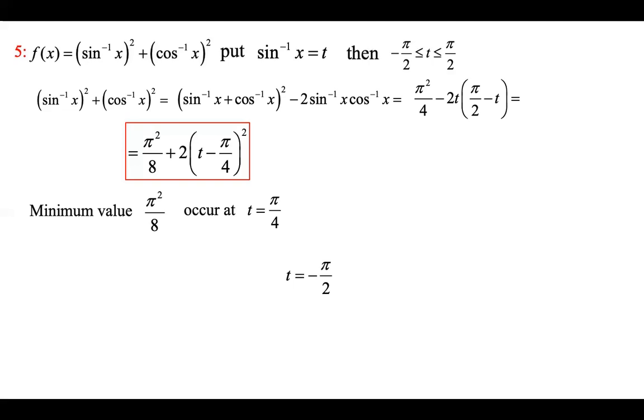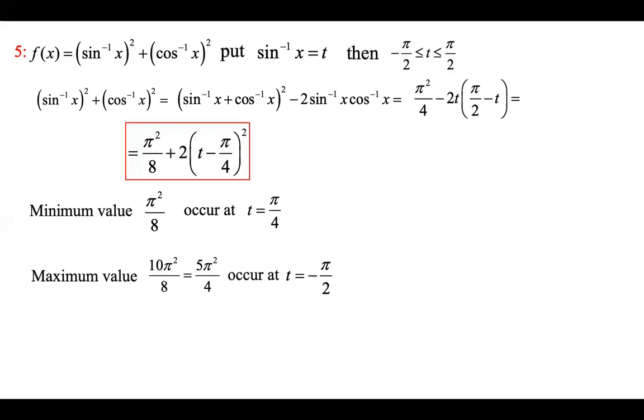At t equal to minus pi by 2, (minus pi by 2 minus pi by 4), that is minus 3 pi by 4, whole square will be the maximum. When you substitute that, its value will be 5 pi square by 4. This is the maximum value of the function, which occurs at t equal to minus pi by 2.